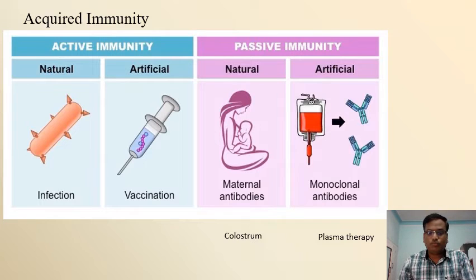That is going to protect the baby against infection, because in the baby the immune system is not yet well developed and not yet active. So the mother is going to protect the baby by giving the antibodies through the milk. This is an example of natural passive acquired immunity.